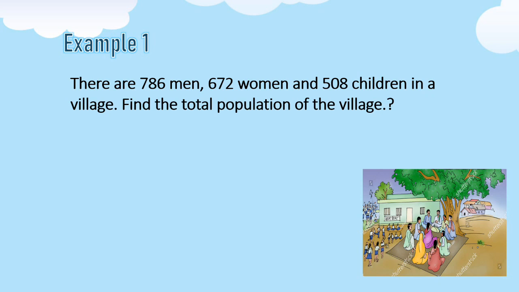Students, what is the key point of this story? Keyword. Very good. Total. Find the total population of the village. So you have to add, right? Okay, students.